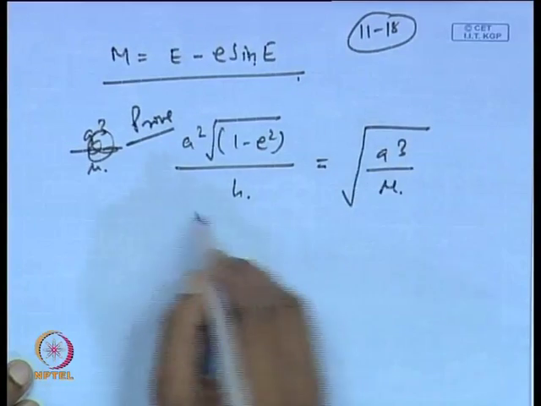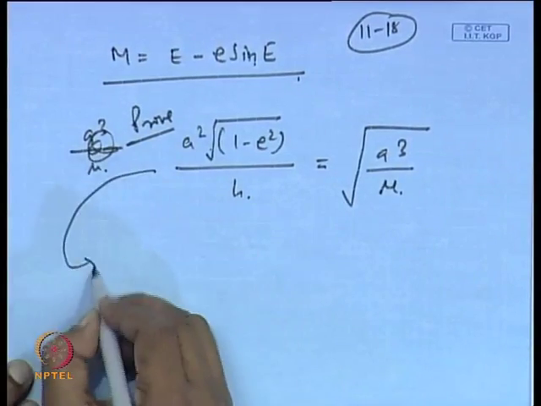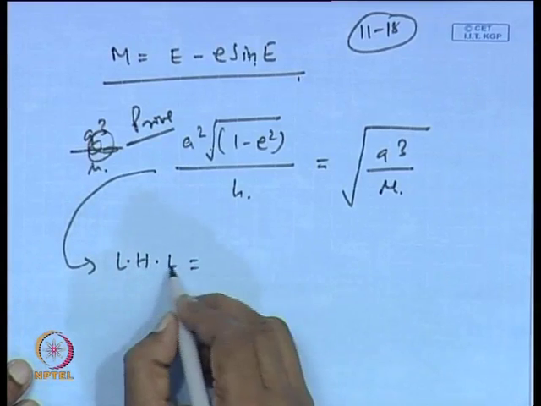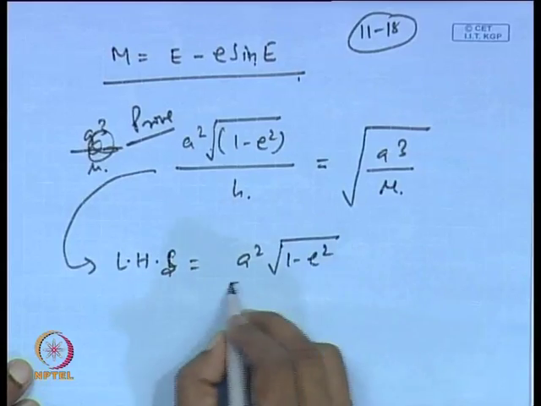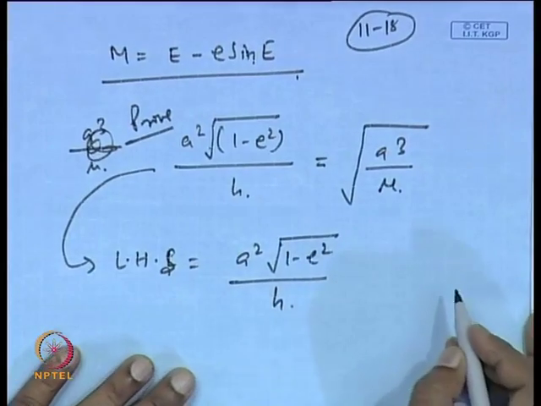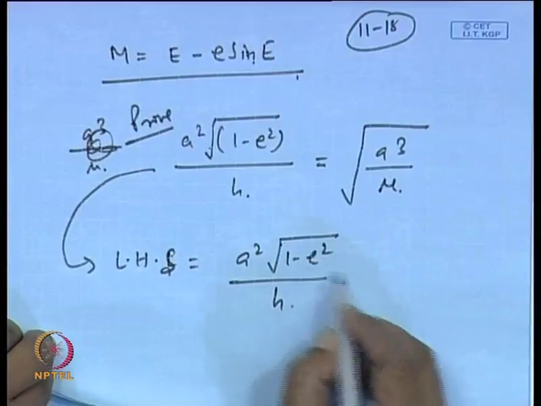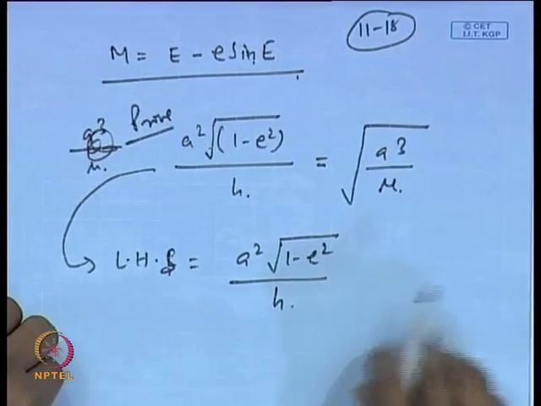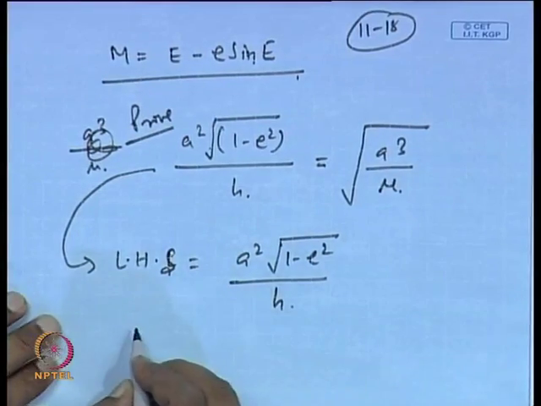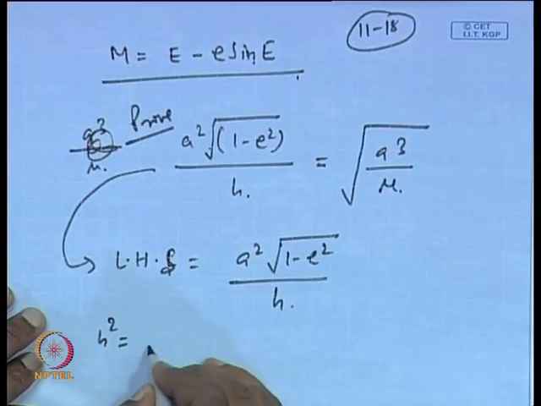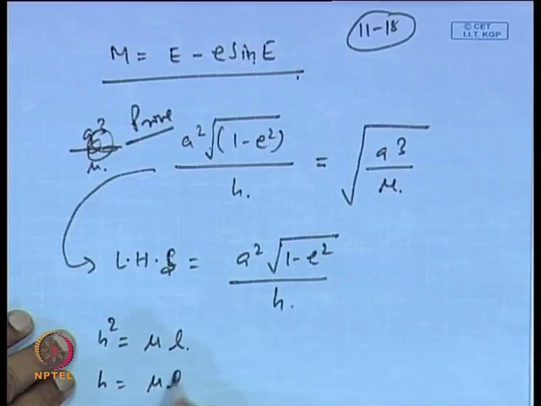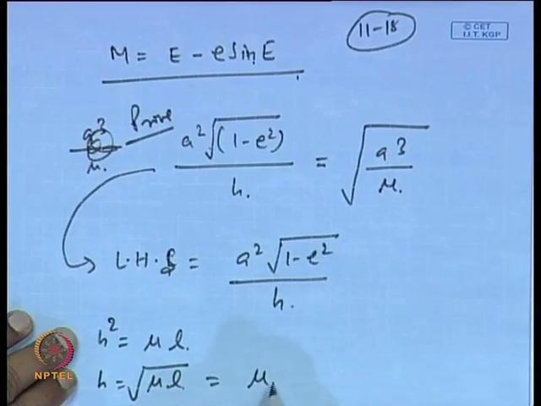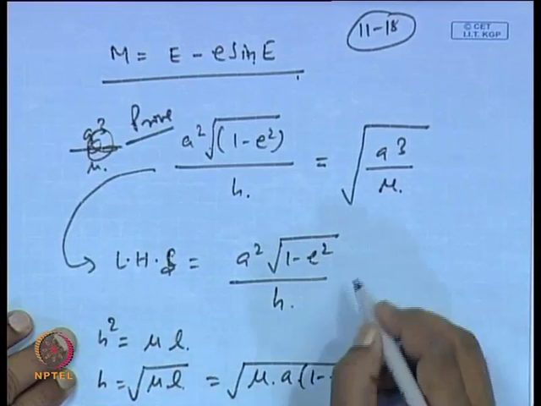It is very easy to see here the LHS quantity is a square times square root of (1 minus e square) divided by h. So, we know that h square is nothing but mu times L. Therefore, h will be square root of (mu times L), and L we have written as a times (1 minus e square).